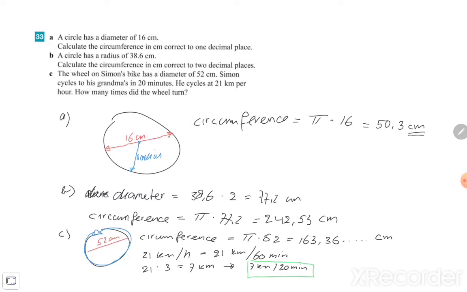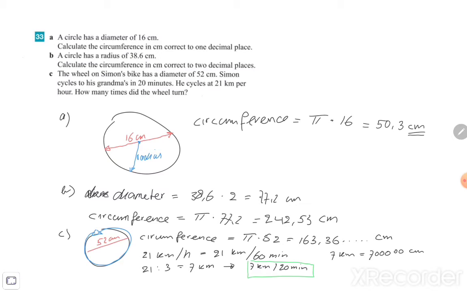The circumference was 163,36 etc. centimeters. Let me convert the 7 kilometers to centimeters. So 7 kilometers is 7,000 meters and 700,000 centimeters.